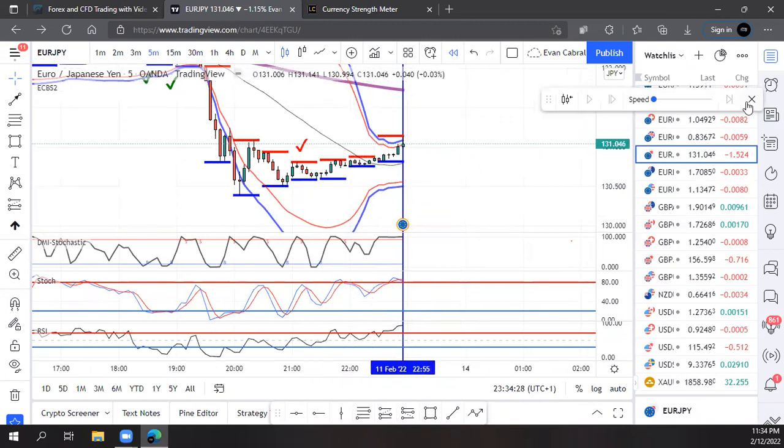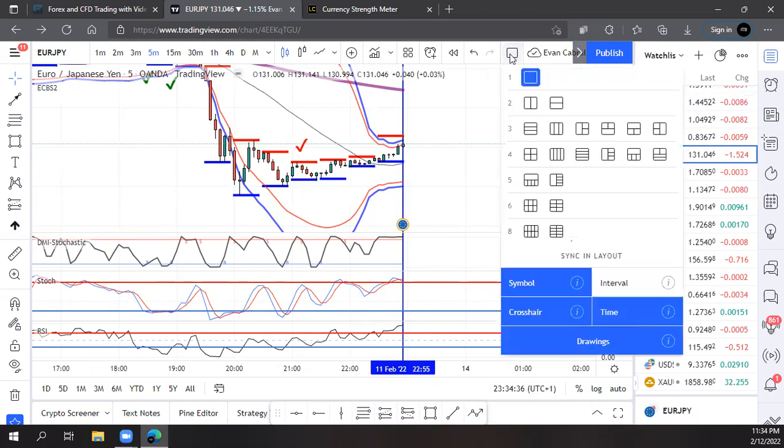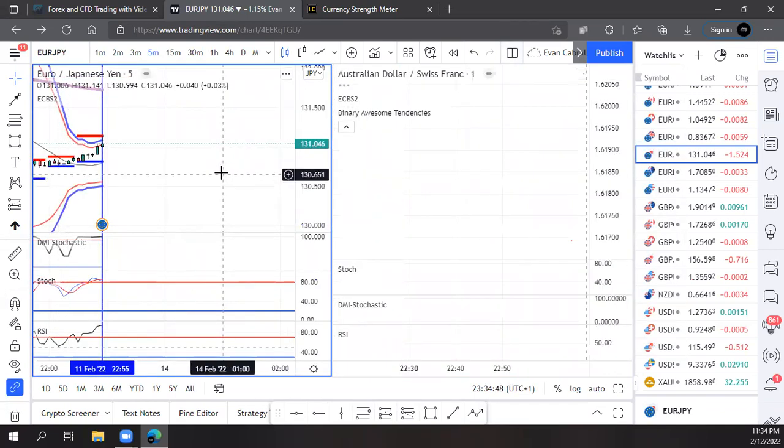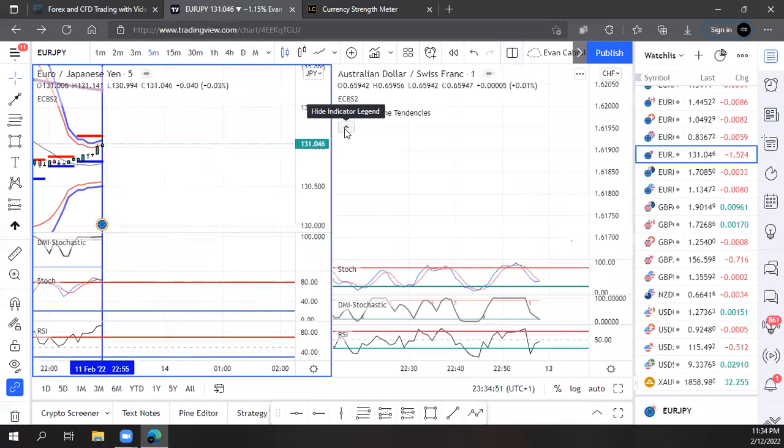At the top of your TradingView screen, you have this button that says select layout. I'm going to click on this. Where it says 2, you can see a split screen diagram. If I click on it, I'm able to have it on this other part of my screen.